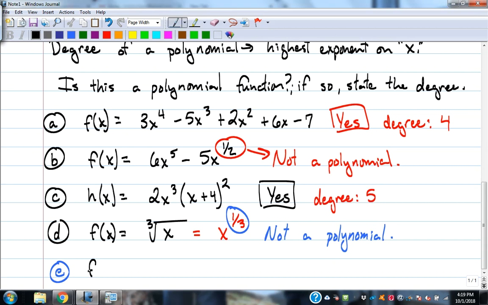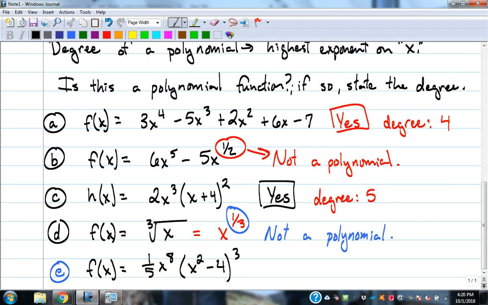Try this one. F of x is 1/5 x to the 8th, x squared minus 4 cubed. This one's a doozy. We're taking that 1/5 x to the 8th, and then x squared minus 4 is to the third power.